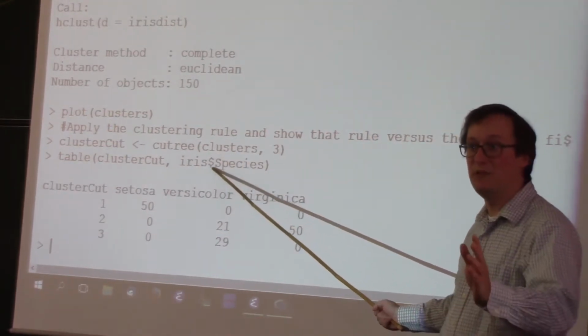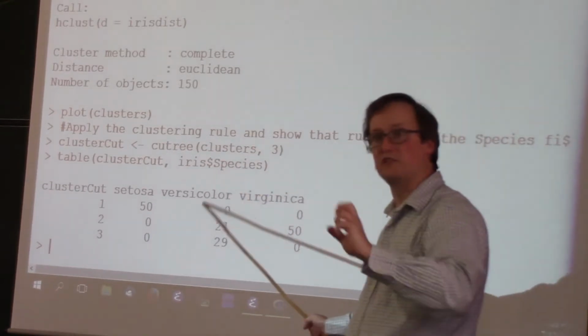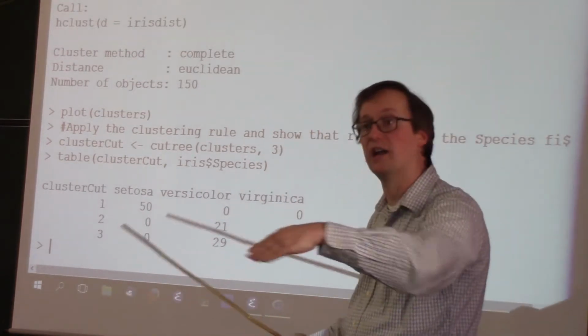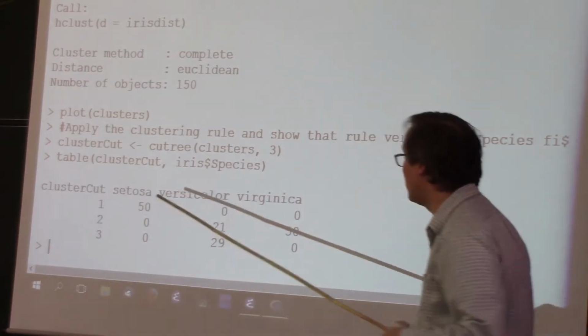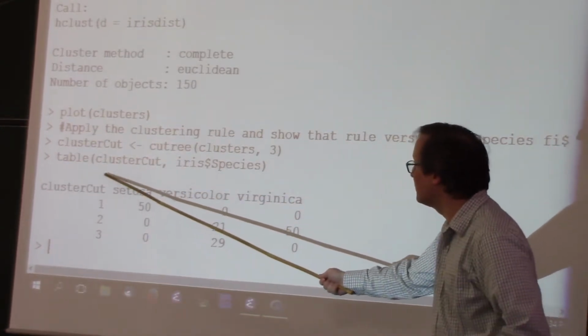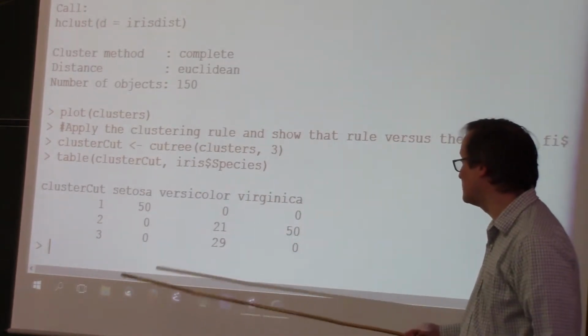So in k-means, we had to tell the clustering, you are going to produce exactly three clusters. In hierarchical, you don't have to do that, but you can still apply post hoc the number of clusters that you want to be applied. So our cutree function produces a cluster cut, and then we can produce a table that shows how the cluster cut compares to iris species.